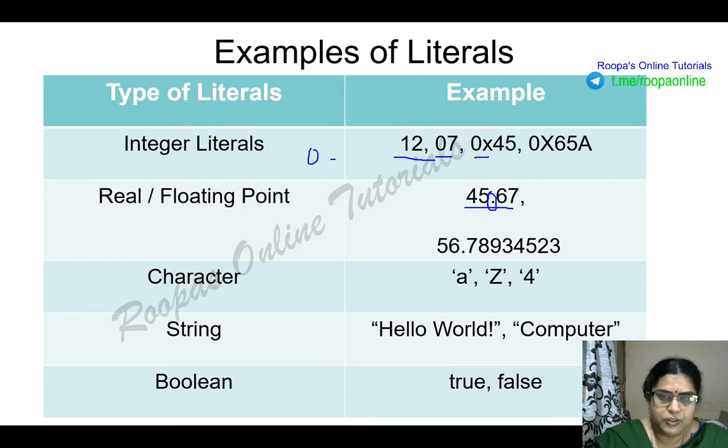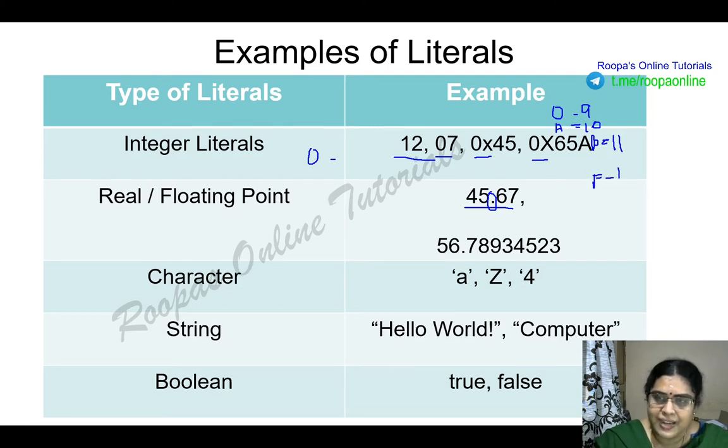Then if you observe here, we have 0x, with a small x and a capital X. This is the hexadecimal number. The hexadecimal system has base 16 and there are 16 symbols in it. They start from 0 and go up to 9, and since 10 cannot be written as a single digit, we write A as 10, B as 11, C as 12, D as 13, E as 14 and F as 15.